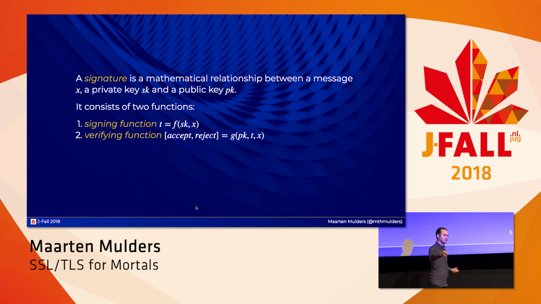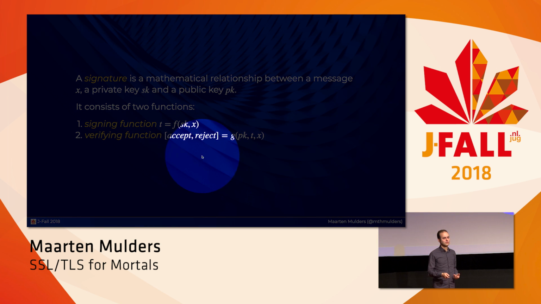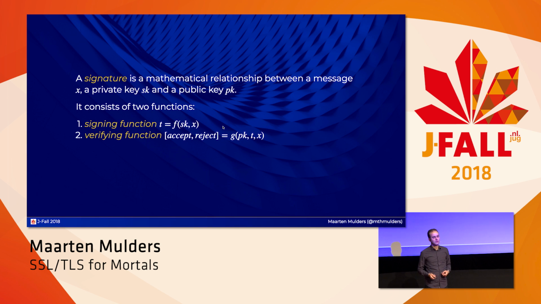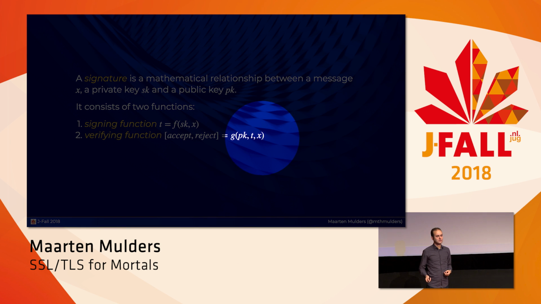Now, if any of you wants to verify the integrity of the message, to see that it was indeed signed by the person you'd expect, you invoke the other part of the signature, which is the verifying function. You give the verifying function the message itself, x, the signature that comes with the message, T, and the public key.